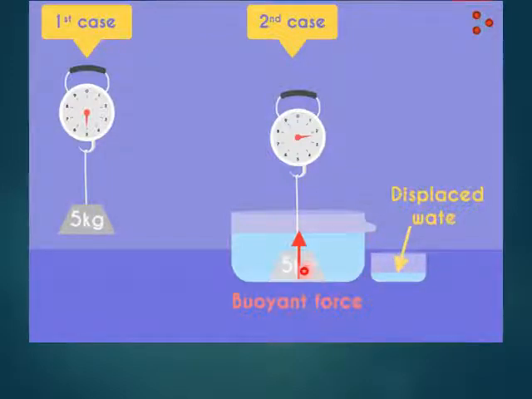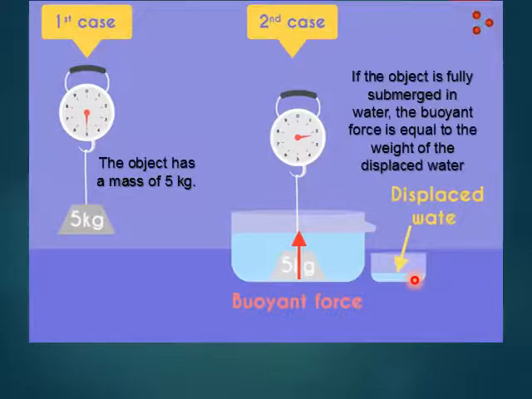Now, yung weight ng object na yon is actually equal to the displaced water. Or in some cases, we can also say na yung volume na na-displace nitong object na to is also equal to the volume of the displaced water. Okay, so in this case, if the object is fully submerged in the water, the buoyant force is equal to the weight of the displaced water.